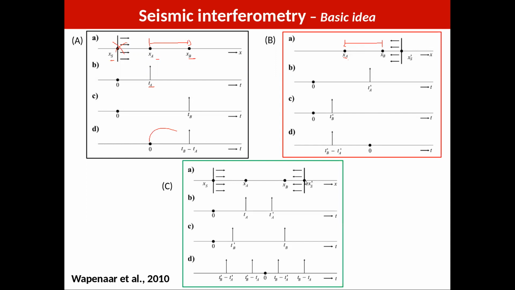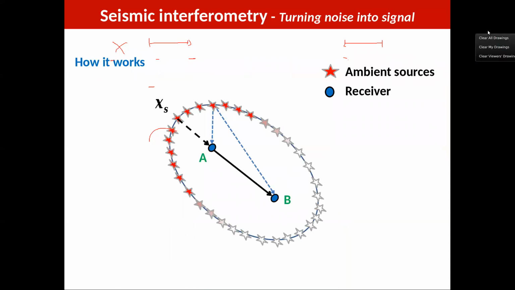And if the two sources are present, then we can find the time difference between these two stations. So we can really constrain only the time difference between the two stations. And this is the information that we want.